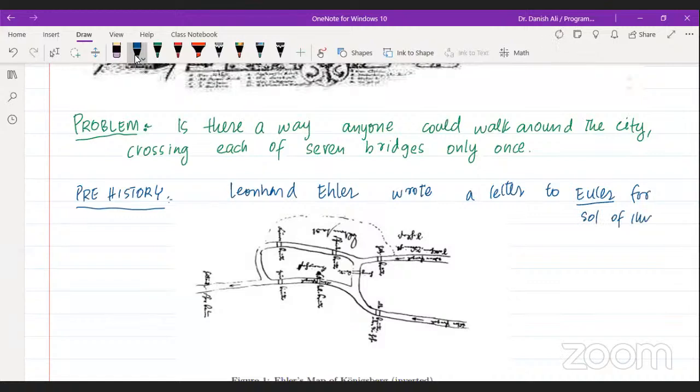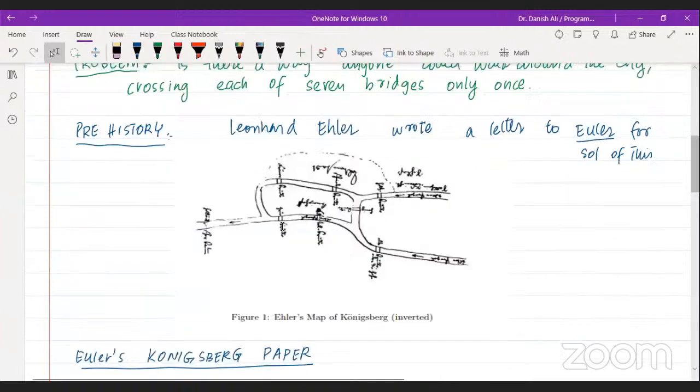And in his letter, he gives this picture. He sends this picture to Euler as well, the situation of the Königsberg city. So in this letter, he makes this picture, and he gave the name of all the bridges.